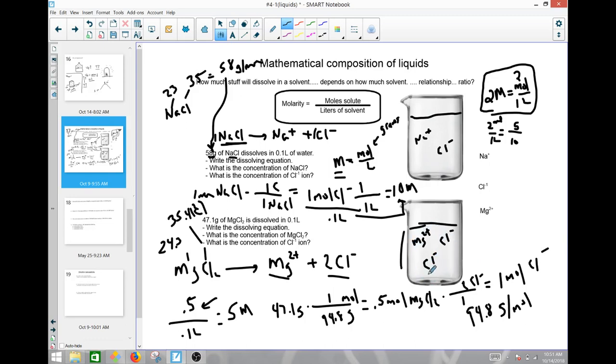If I have 10 of them, I get 20 chlorines. 1,000, I get 2,000 chlorines. If I have 2 moles, I get 4 moles of chlorines. So I'm doubling my number of chlorides. So just 1 mole divided by 0.1 liters equals 10 moles per liter. And that's my answer for letter C, for the last one.